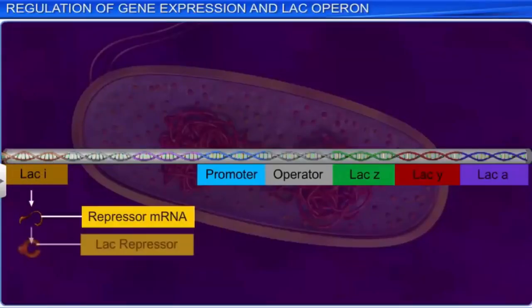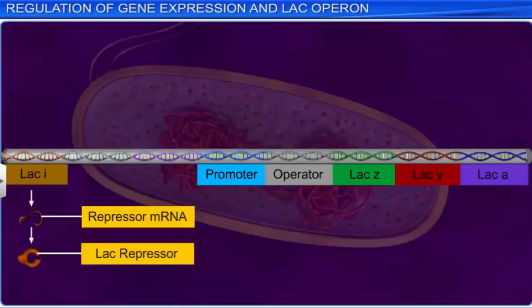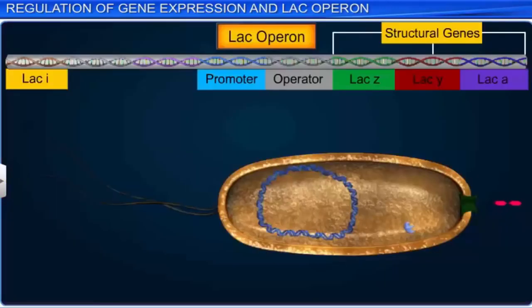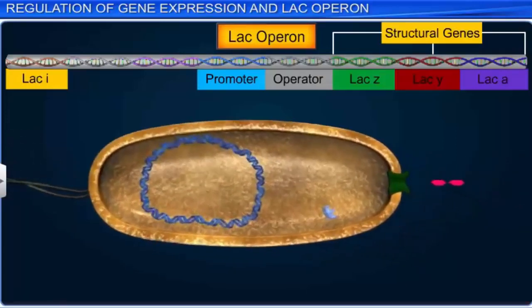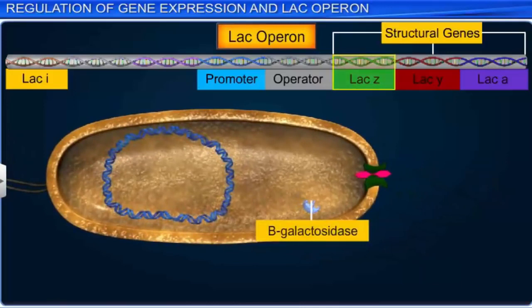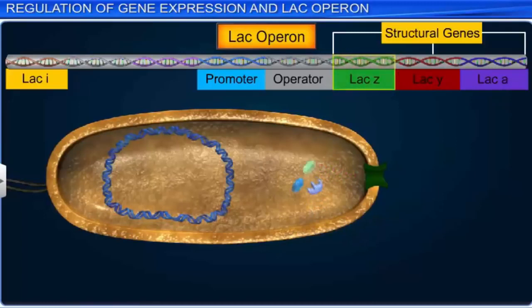The I gene codes for the repressor. The structural genes code for enzymes required for the metabolism of lactose. The lac Z gene codes for beta-galactosidase, which hydrolyzes lactose into galactose and glucose.